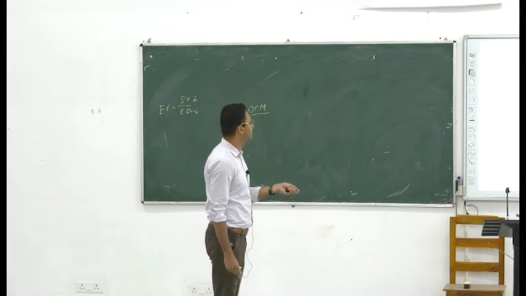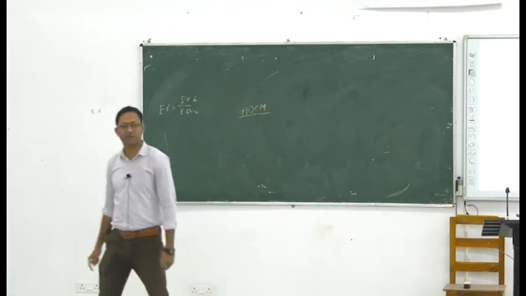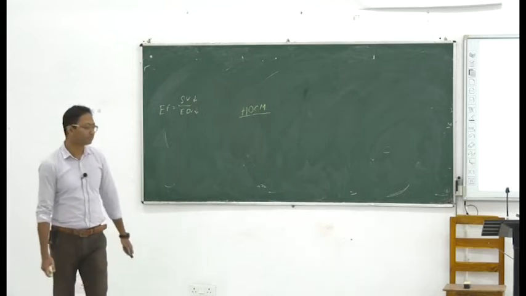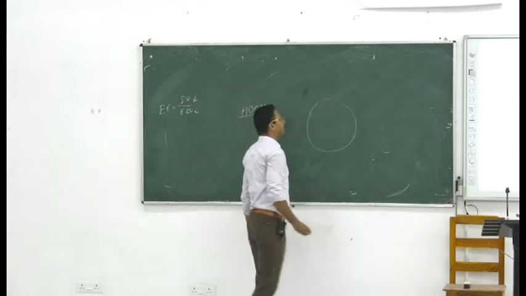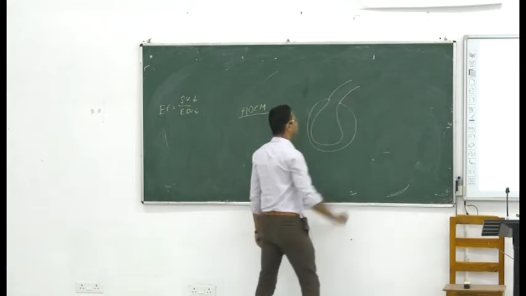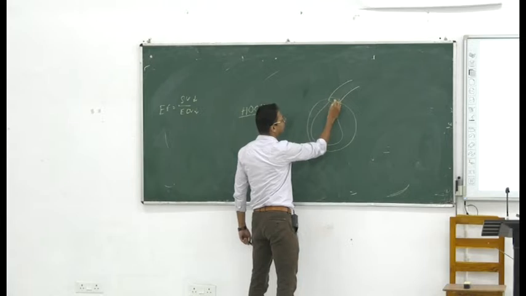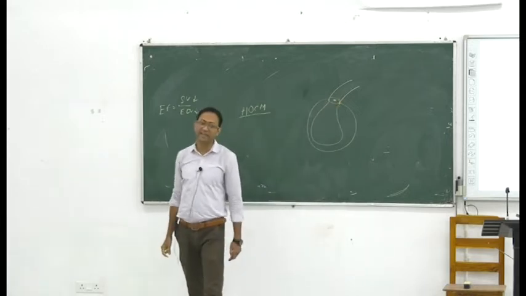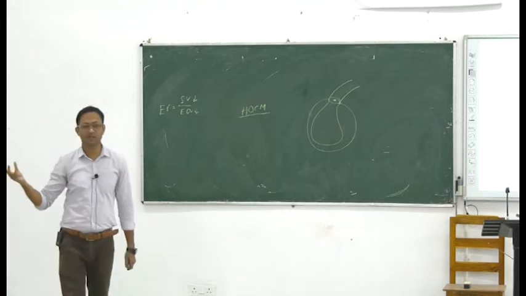Okay. Next is aortic stenosis. What is happening in aortic stenosis? So, again, this is your LV. And this one is aorta. Now this aperture, if this aperture is small, what will happen? Again, it is just similar to increased peripheral resistance, right?